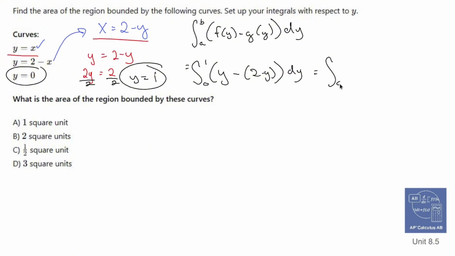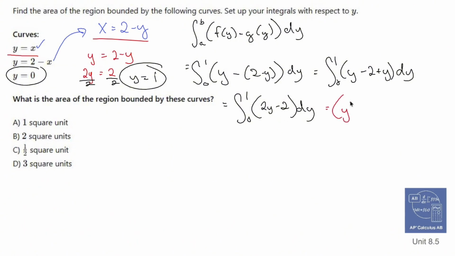Let's simplify that a little bit. y minus 2 plus y dy is going to be 2y minus 2 dy. Now let's integrate that. The integral of 2y is just y squared, and the integral of negative 2 is negative 2y. Your limits of integration are still 0 and 1.